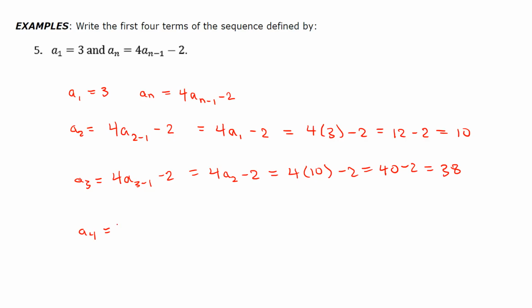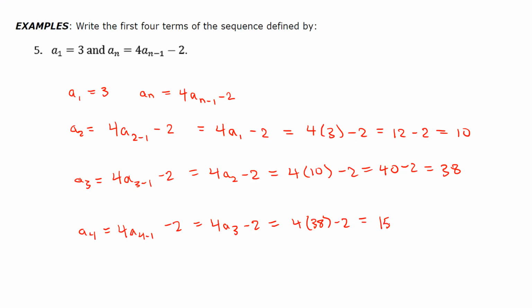And our fourth term, a subscript 4 minus 1 minus 2, there we go. So that would be the third term in our sequence, times 4. So 4 times 38 minus 2.